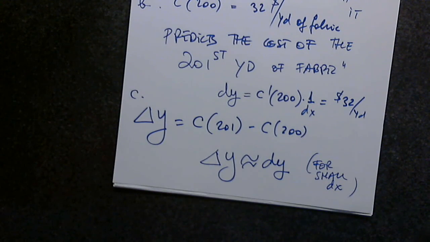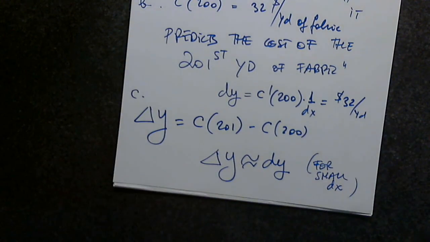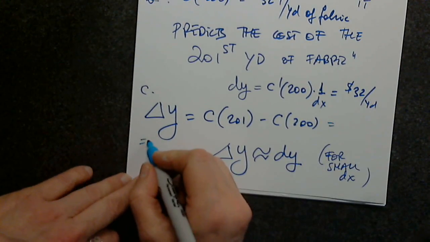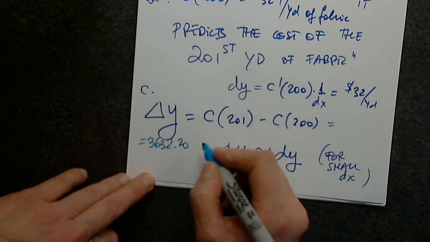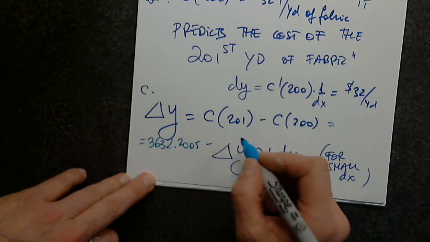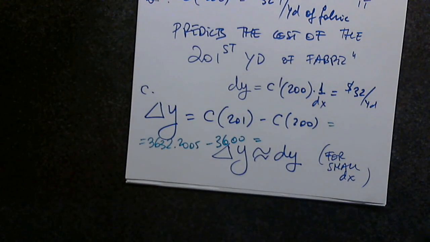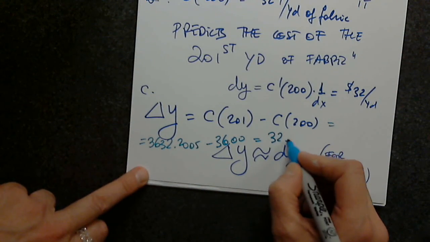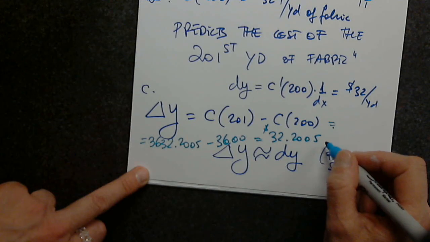The derivative at 200. So let me copy, first of all, let me see what this gives us. So I copy 3632.205 and I subtract 3600 and I got 32.2005 dollars.